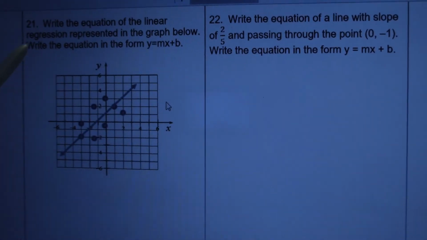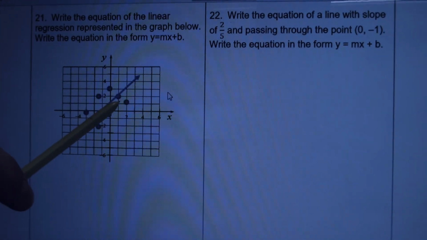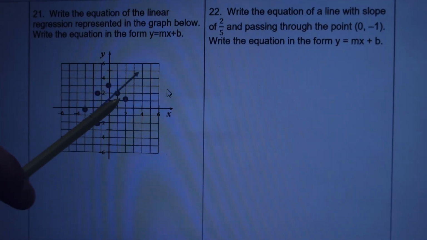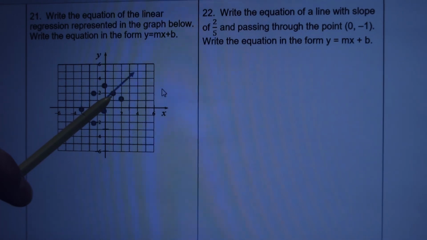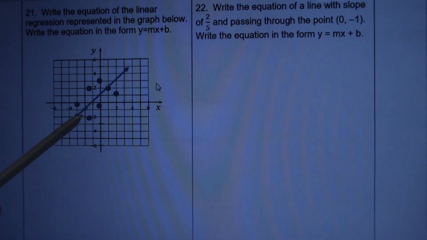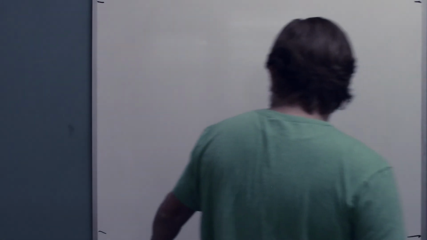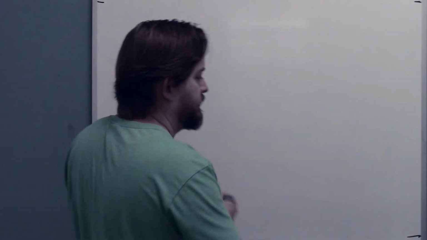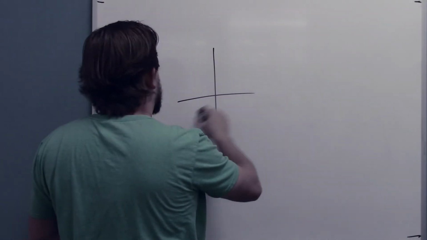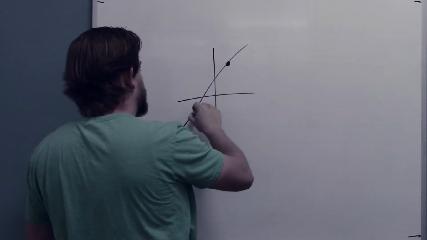There's a couple of points. This one right here, my line goes through that point, and then there's one right here as well. That's all I want. If I look at those points, right, my line goes through this point here, it goes through this point.